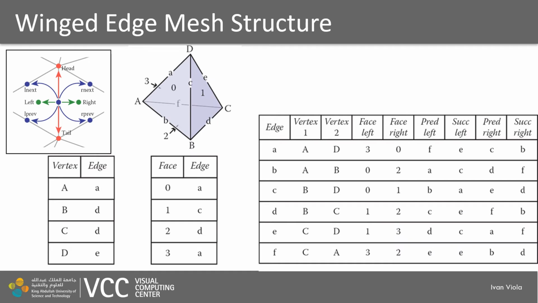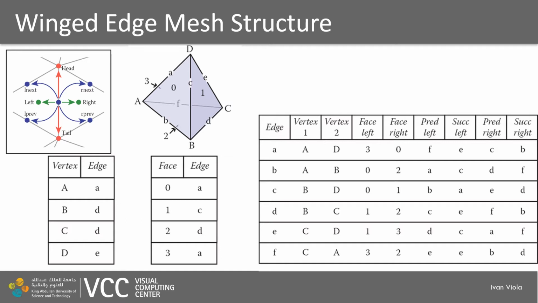Let's have a look at an even more refined data structure, which has the edge completely as the central part of our triangle mesh structure. It is the so-called winged edge mesh structure.